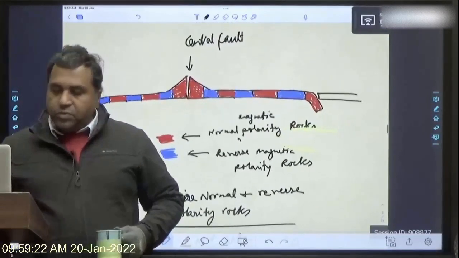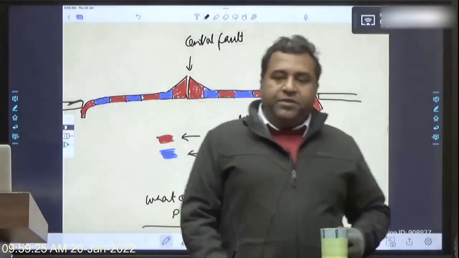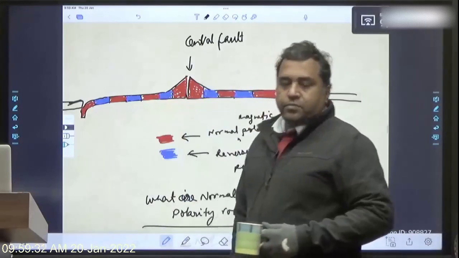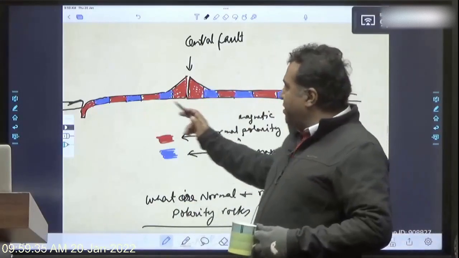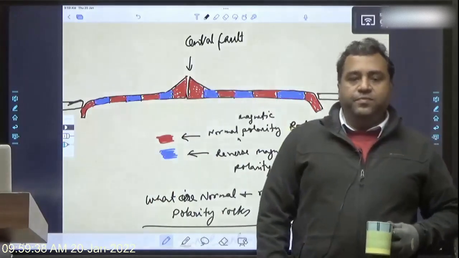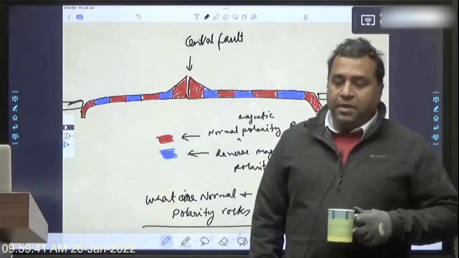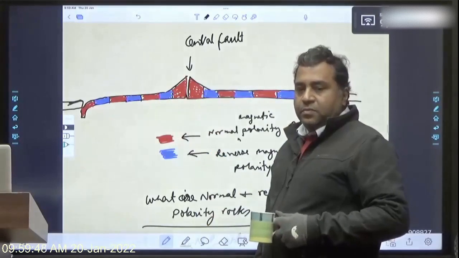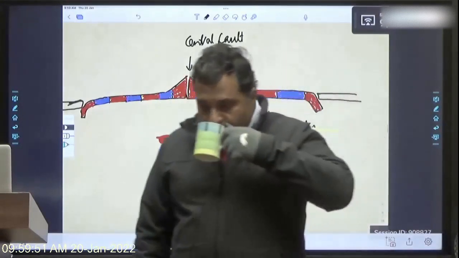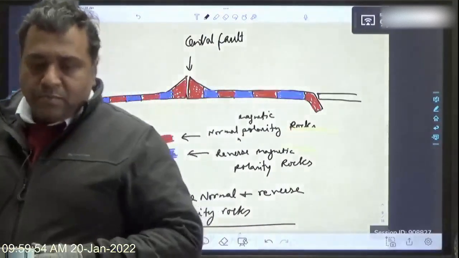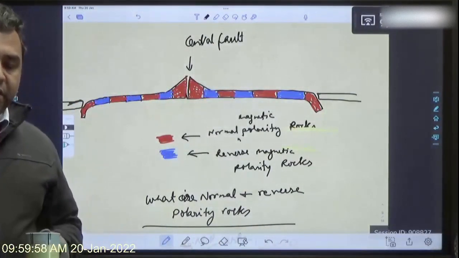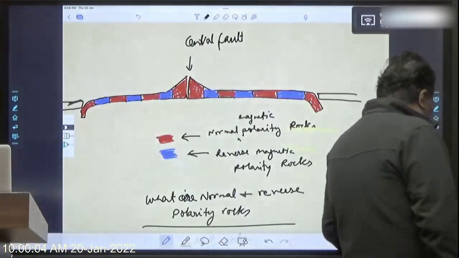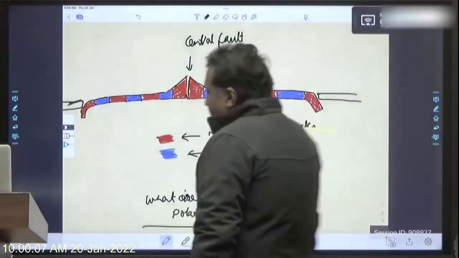Now come to the ocean floor. So in the ocean floor case, we found alternate bands starting with normal polarity rocks near central fault as shown.